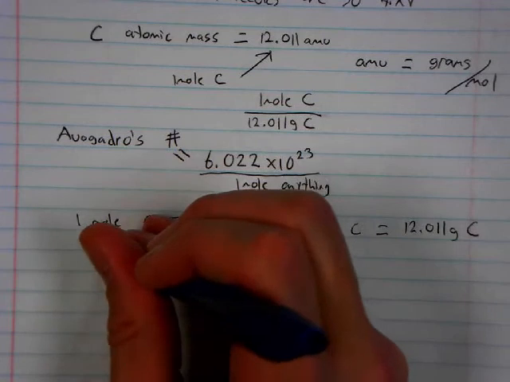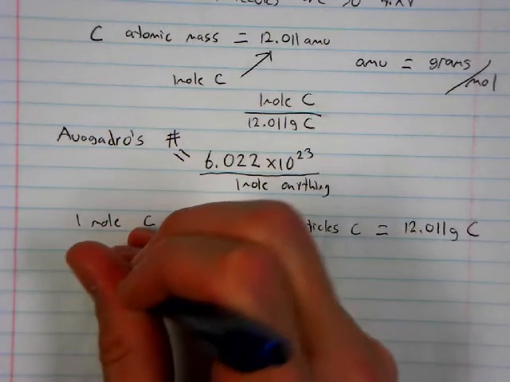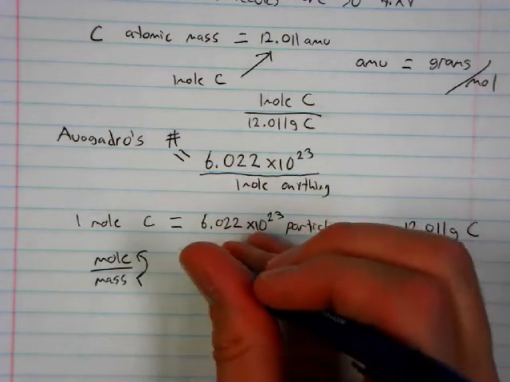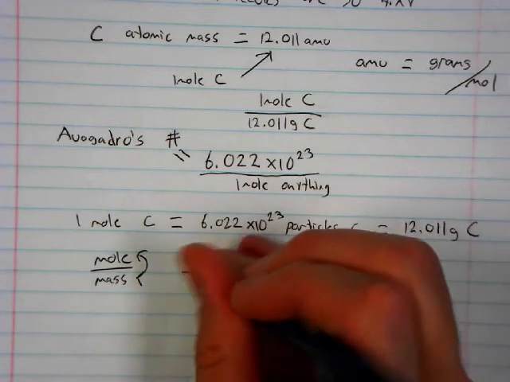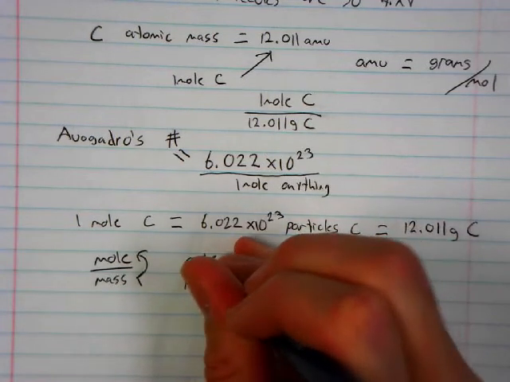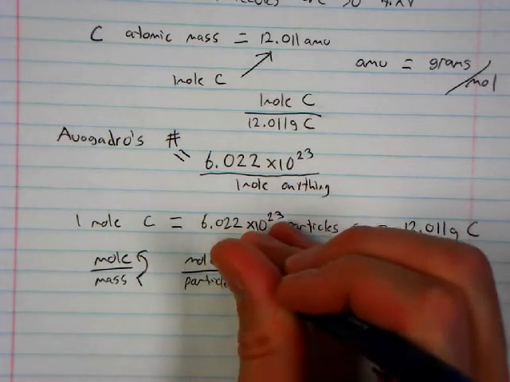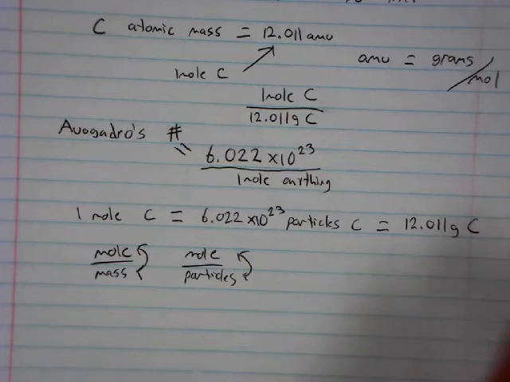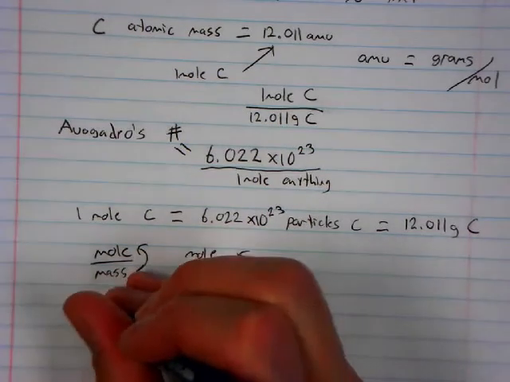So you can see how the mole is just a conversion factor. So I can go moles to mass. All right, I can flip that. We're going to be mass on the top, moles on the bottom. Or I can go moles to particles. Or I could flip that as well.